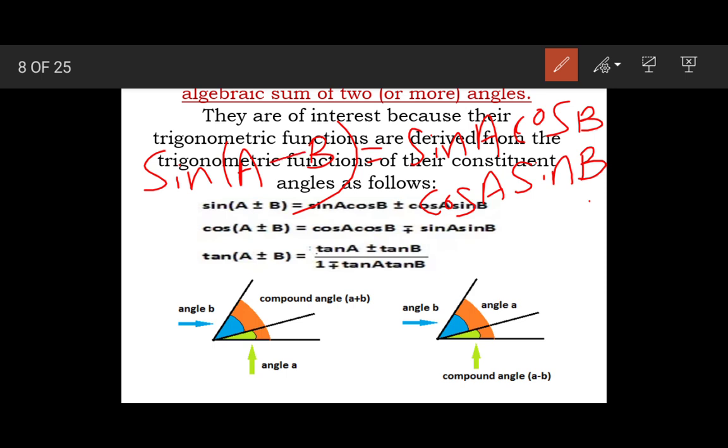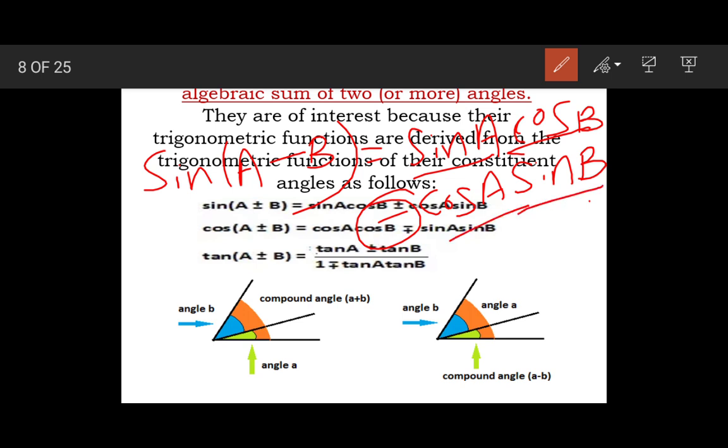Sin A minus B will be sin A cos B minus cos A sin B.